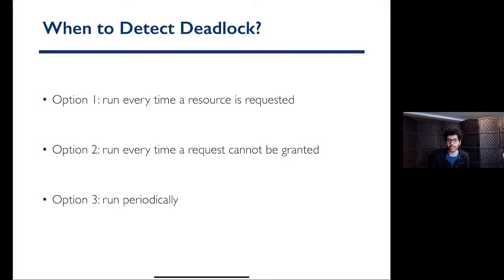So it might be a good time to check if this could happen eventually, right? So that's option 2. And then option 3 is just periodically run this to see if deadlock has happened. So these two are event-based.